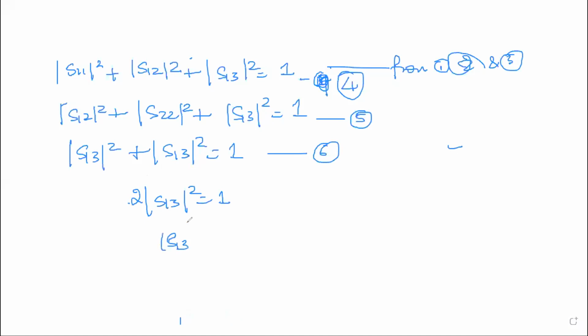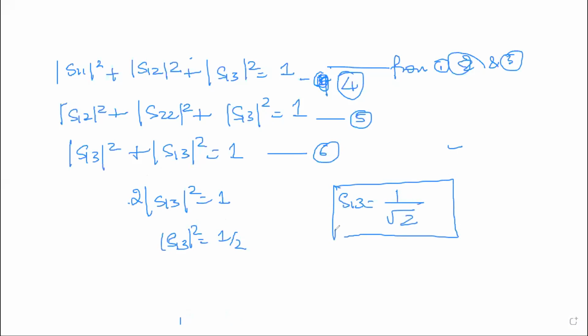So S13 square is equal to 1 by 2. So you have the S13 value as 1 divided by square root of 2. So this is one value you get from this. Any confusions? Write the equations, first row, first column, then consider the magnitude. From that, consider this equation and you will get the S13 value.